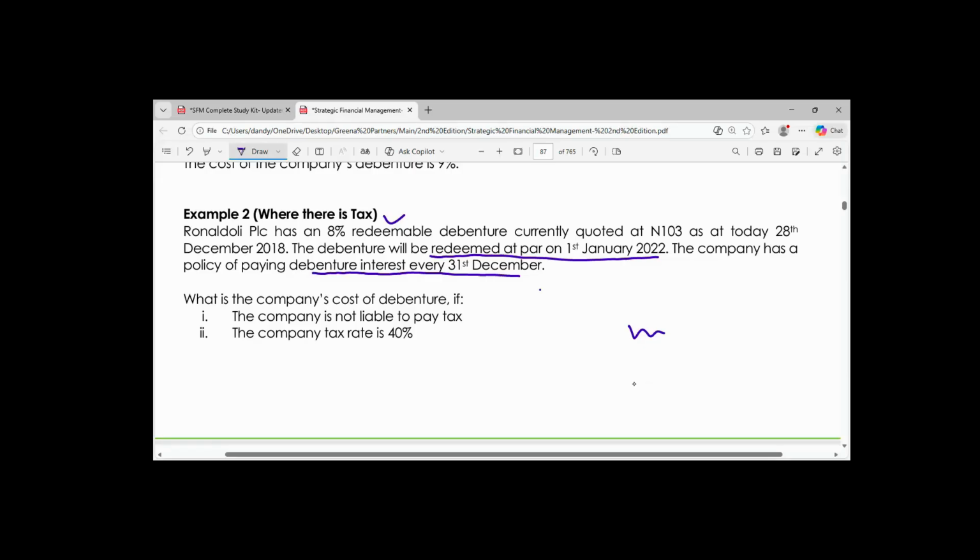So the quoted market price of 103 Naira represents cum interest price. We can't use the cum interest price to calculate our cost of redeemable debt, so it has to be ex interest price.